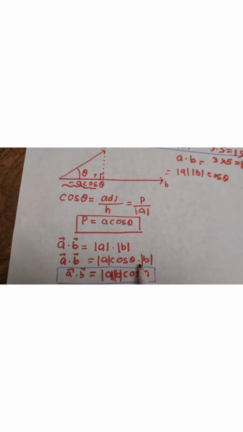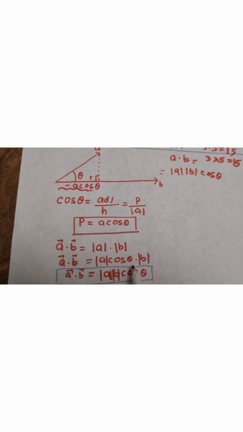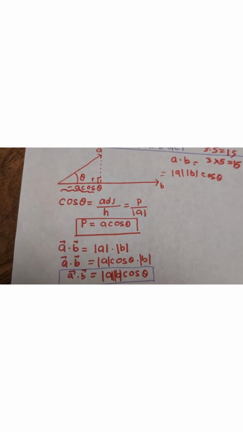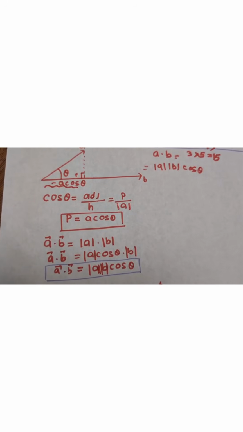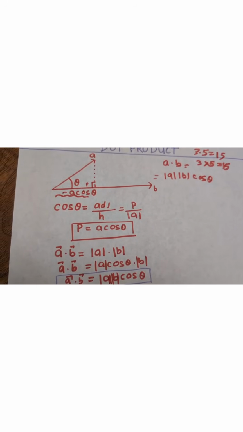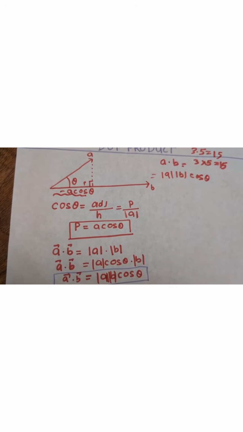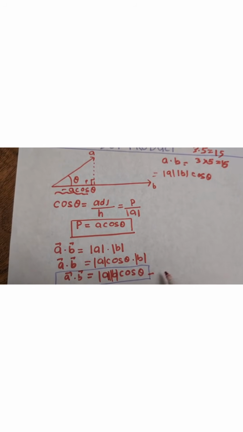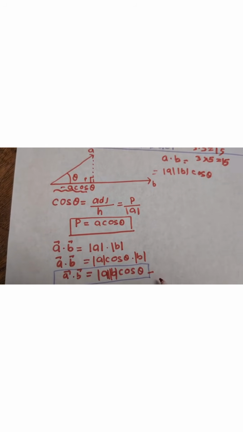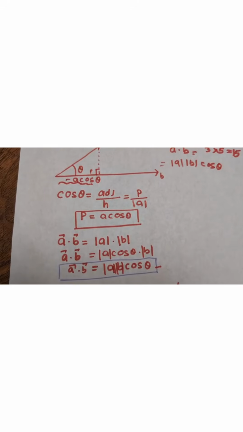So when you multiply these numbers, they will simply give you a number, times the cosine of the angle between the two vectors. And remember, the dot product of two vectors will always give you a number. That means it's simply a scalar.